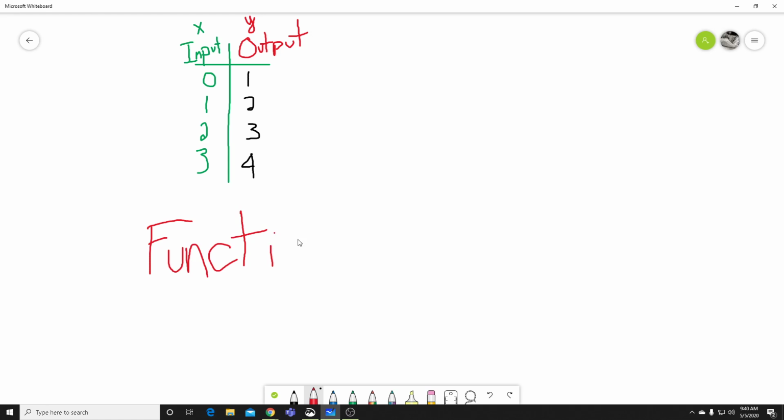Now, functions, you can talk about the graphs and everything like that, but I'm not going to worry about it too much right now. A function is basically just an equation with an x and a y, and for every x, there's one y that goes with it, just like we worked with.